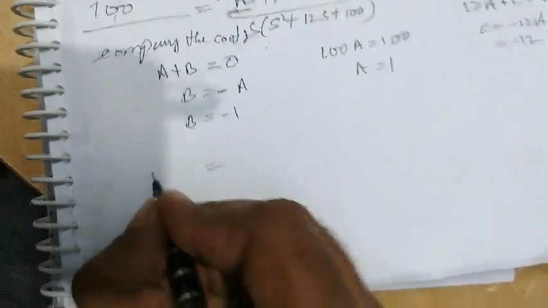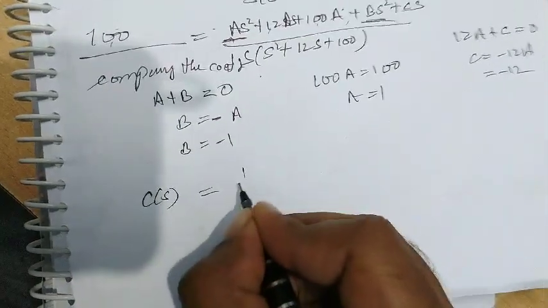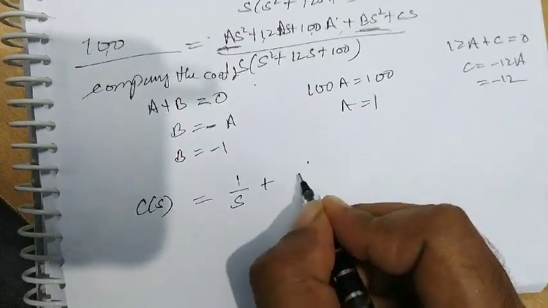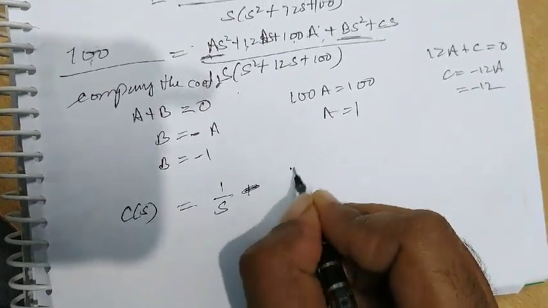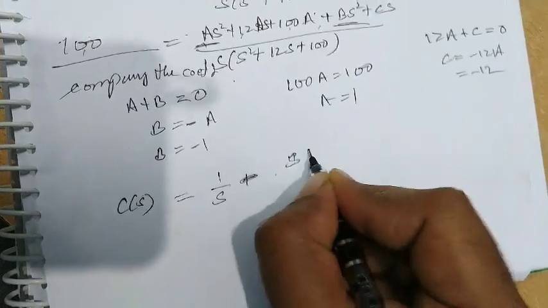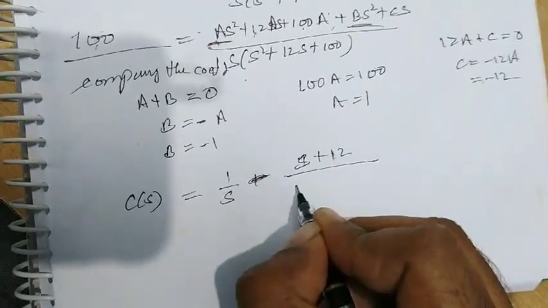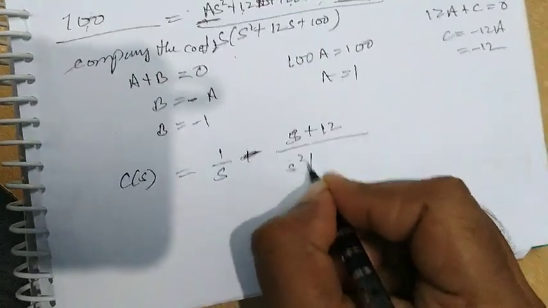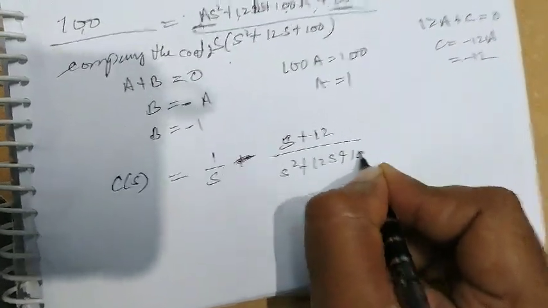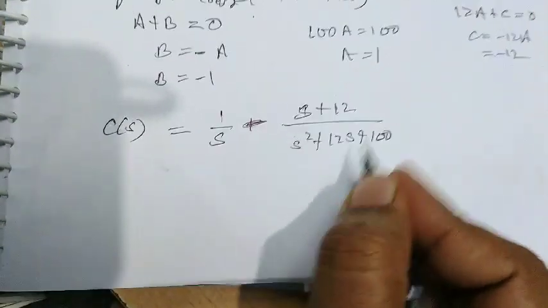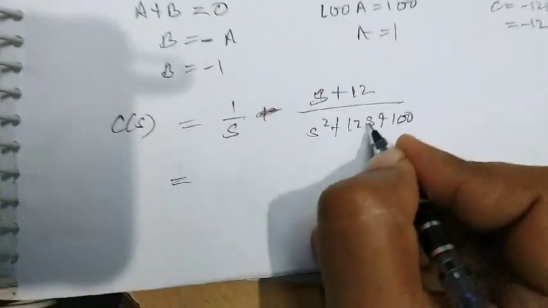So now my expression C of s is 1 by s plus B is minus 1, so minus s, and 12 is also minus. I'll take the minus common, so I get s plus 12 divided by s square plus 12s plus 100, right? After this, I'll convert this into fractional form.